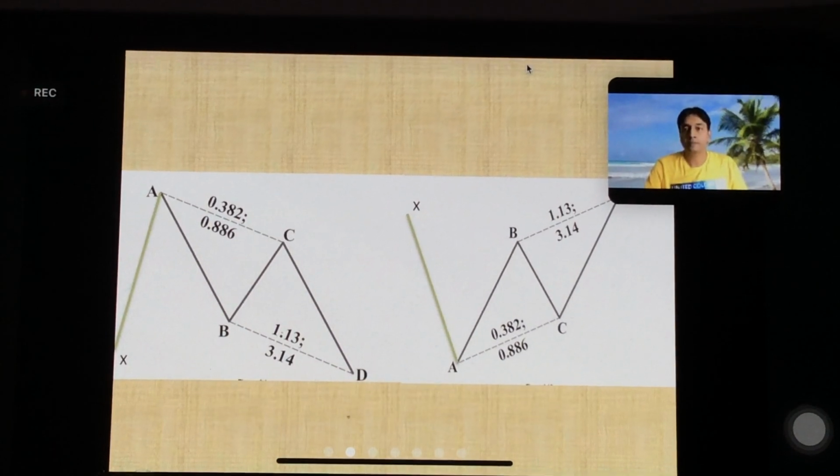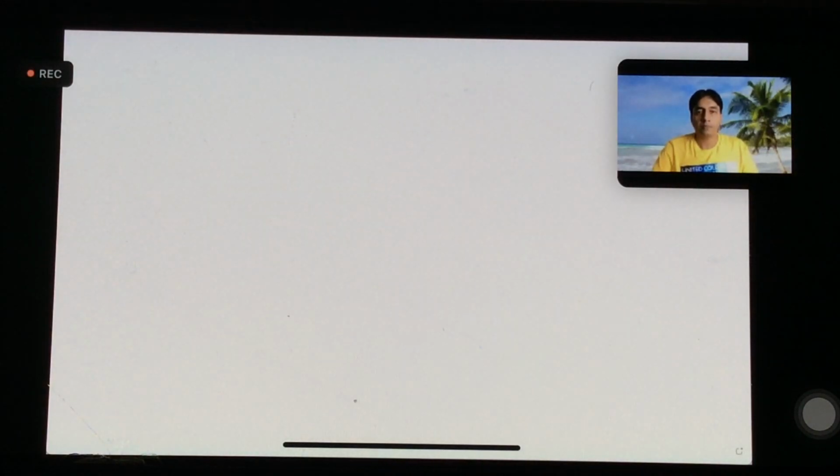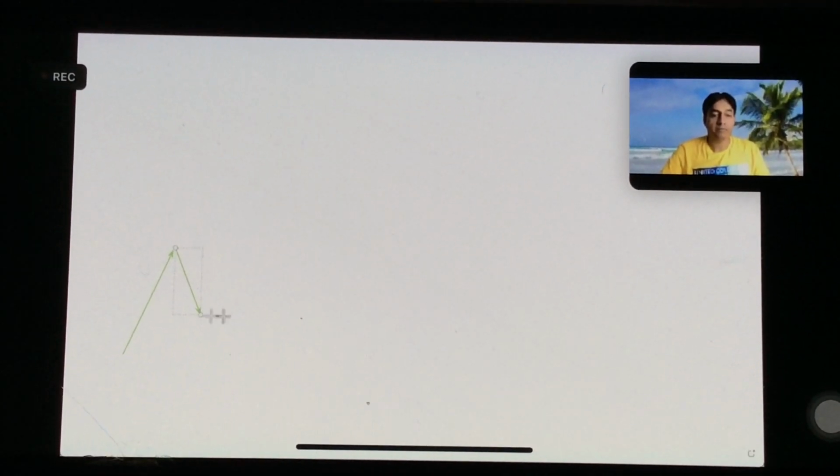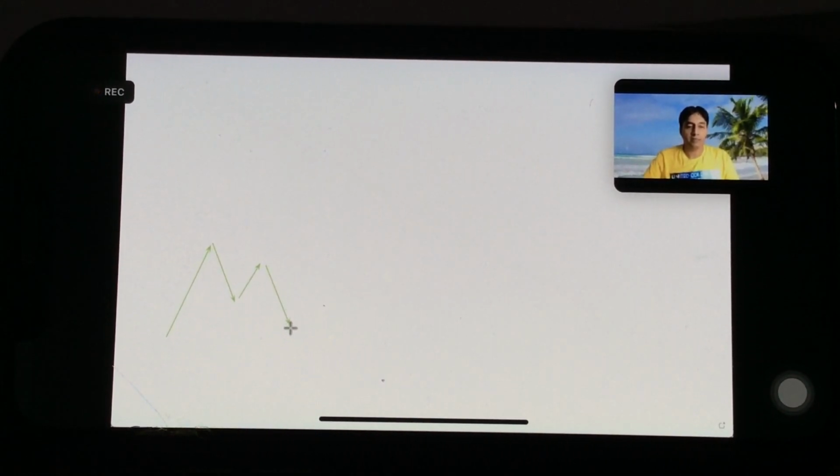Let me take the whiteboard. Suppose price moves from here to here, then price comes down here, then price goes here, and price starts coming down and comes below this level.